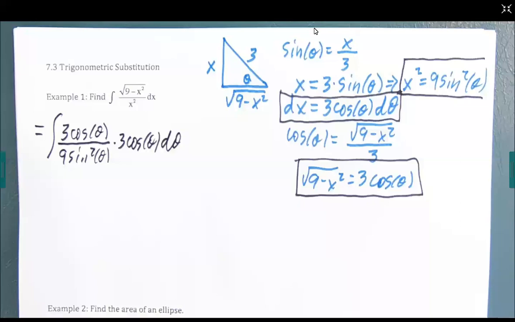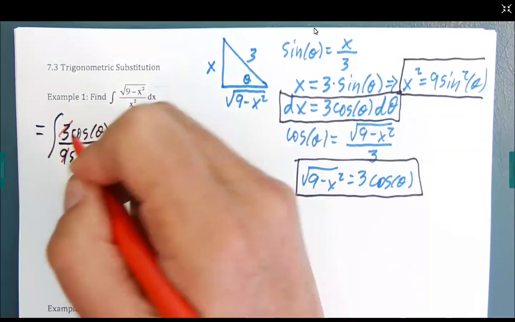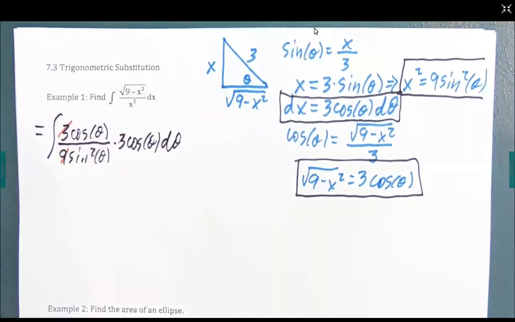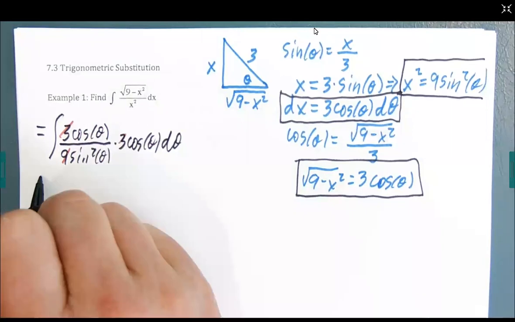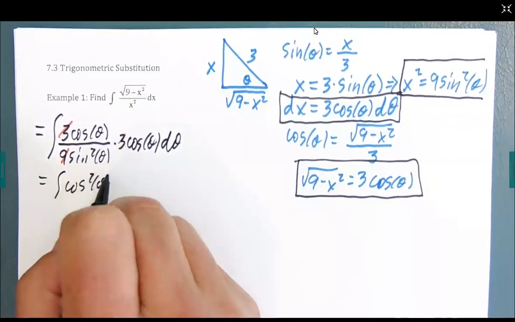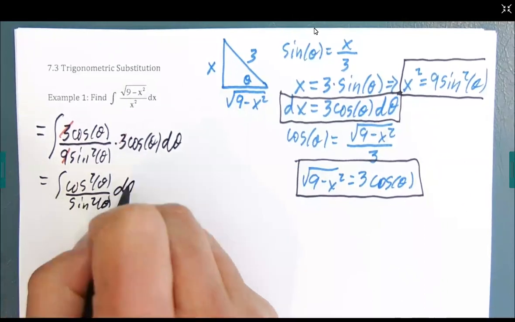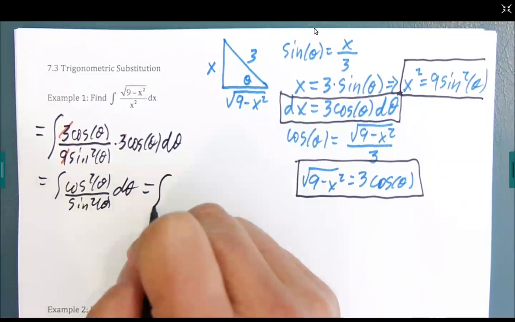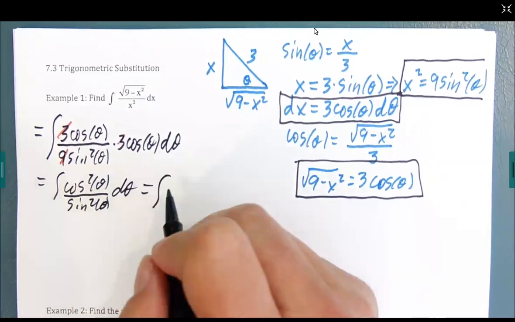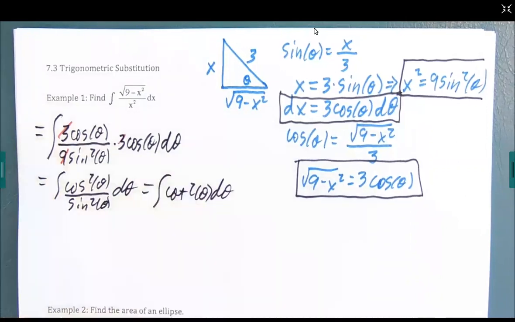And I'm going to notice that the 3 and the 3 and the 9 are gone. And I'm actually going to end up with the integral of cosine squared theta over sine squared theta, d theta, which is the integral of cotangent squared. And now my trig manipulation skills come into play.